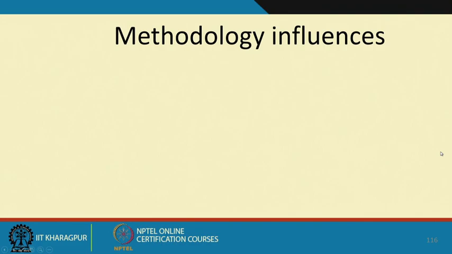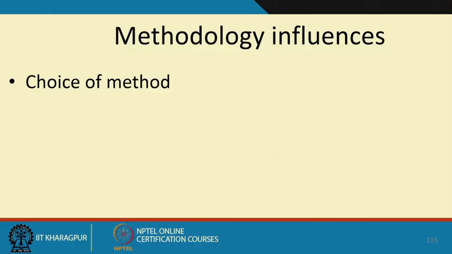Now, what does methodology influence? Methodology influences your choice of method. When you study, your methodology is specifically aimed at helping you narrow down or arrive at a decision regarding the method you would like to use for your study.